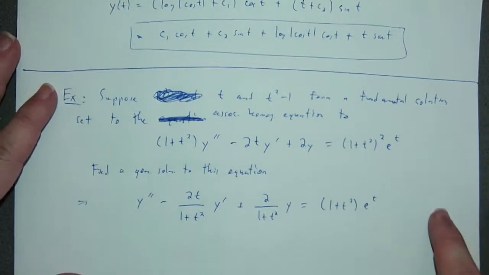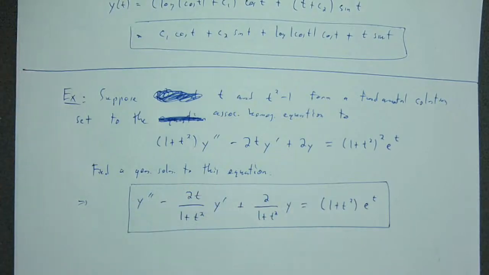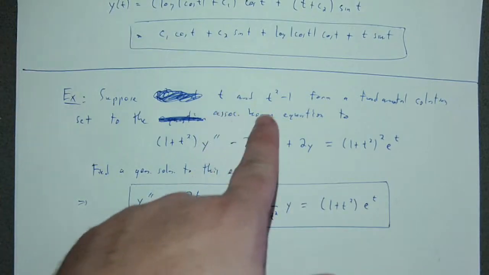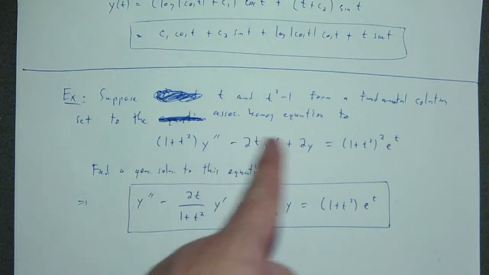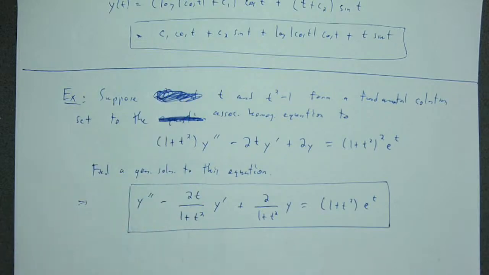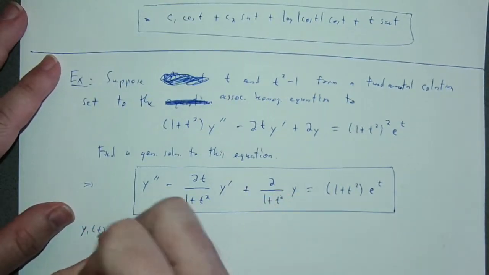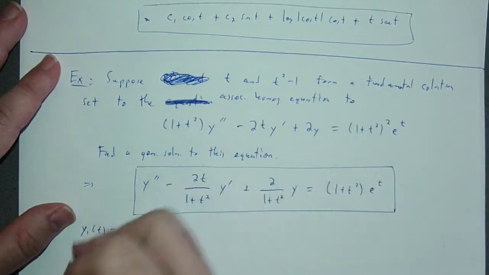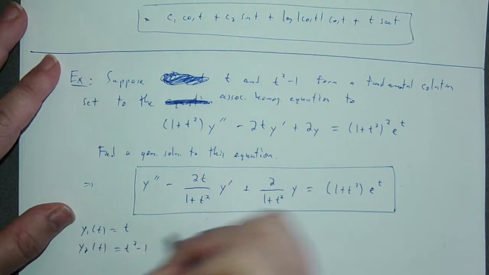All right, so I'm finding a general solution to this equation. These solved the associated homogeneous equation, and they were a fundamental solution set, so they're linearly independent. Let's label: y1 of t is t, and y2 of t is t squared minus 1.